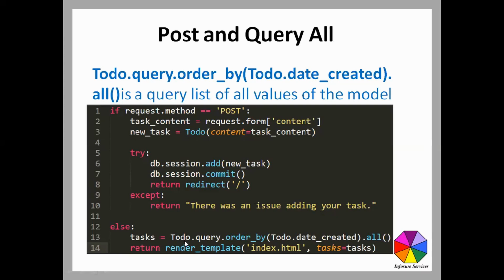ToDo is the class name, .query.order_by, within brackets ToDo.date_created. I have a column date_created. I want to put it in ascending order, the oldest task being on the top. Then .all is going to fetch all my tasks from the database, and that's going to be available in this tasks variable.